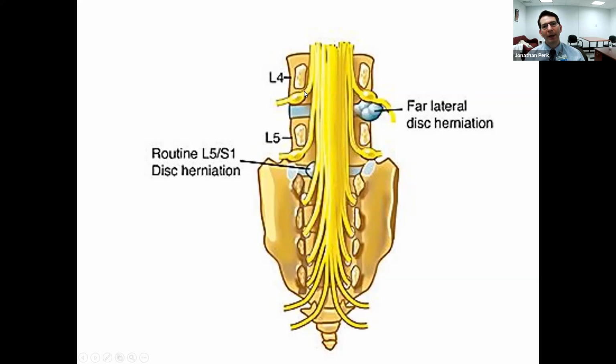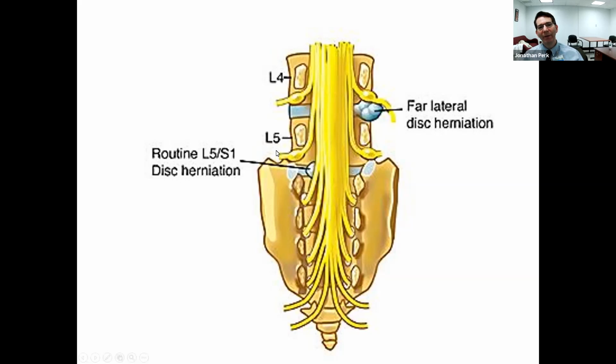Turns out that in order to hit the L4 nerve root, only the far lateral ones, the ones that I showed you on the right of the screen earlier, will hit that root.